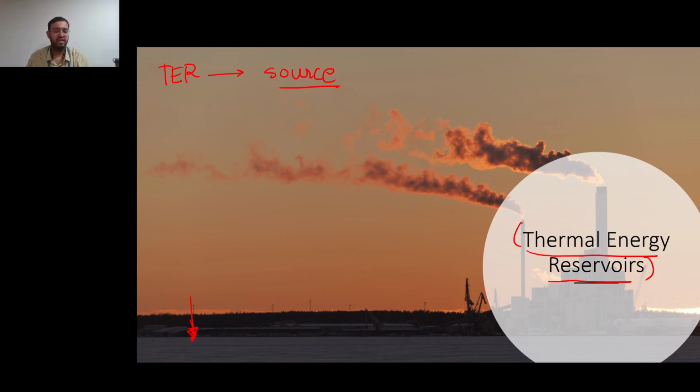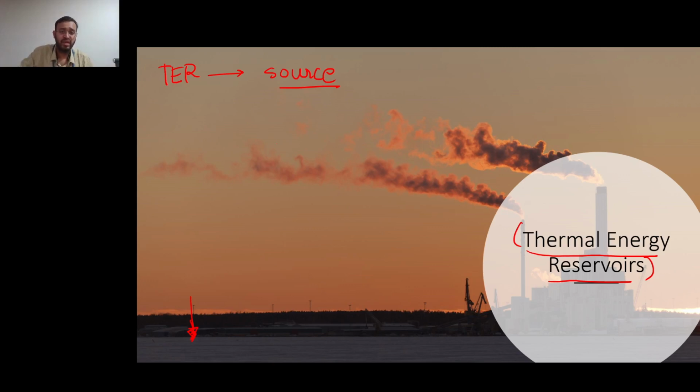For example, we can use the case of the sun. We benefit from the existence of the sun on a daily basis. Our whole existence is dependent on the sun. On a daily basis, we take some amount of thermal energy from the sun and convert it into whatever forms we want. Maybe it's wind, maybe it's rain, maybe it's on your solar panels, whatever it is. So we are using the sun as our thermal energy source. The sun is a thermal energy reservoir which is defined as a source.